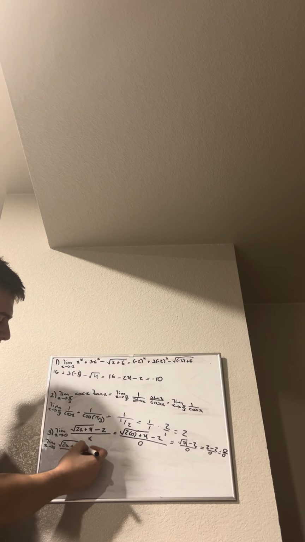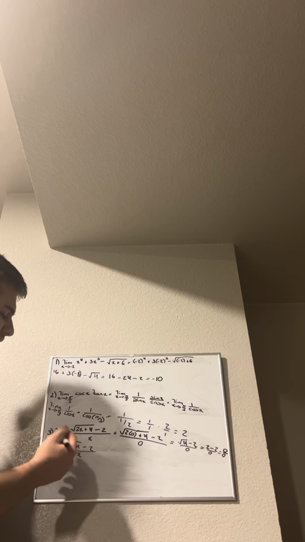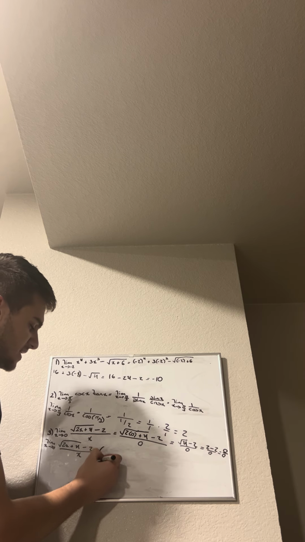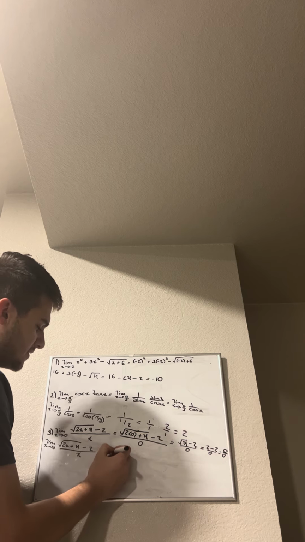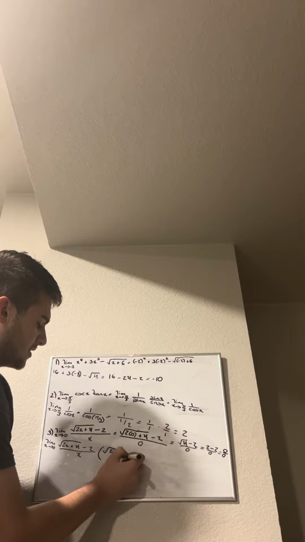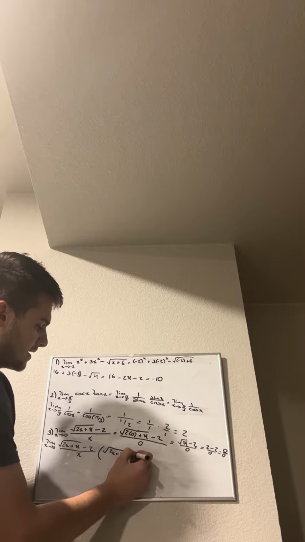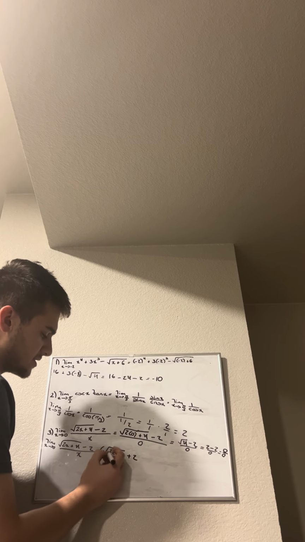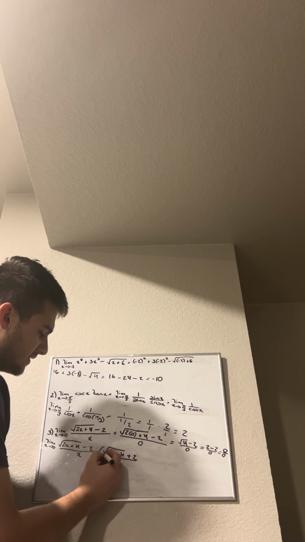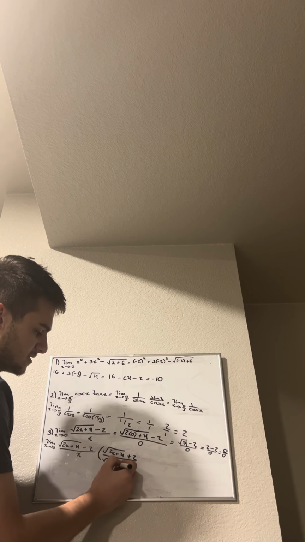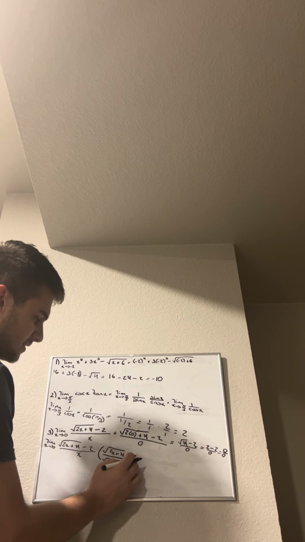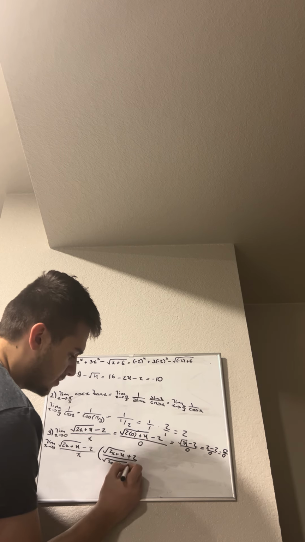So you multiply the numerator by root of 2x plus 4 plus 2 instead of minus 2, and then you do the same for the denominator as well. So you do root 2x plus 4 plus 2.